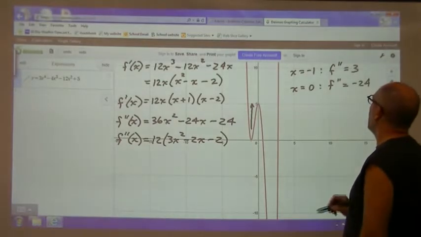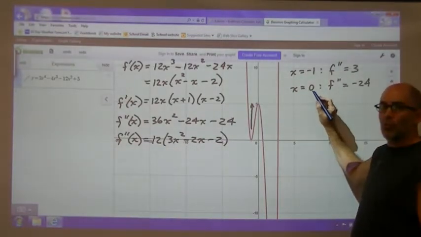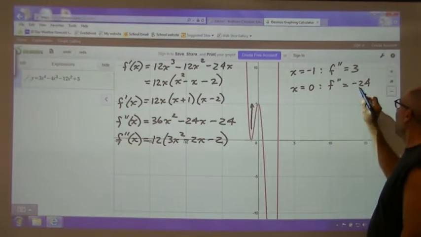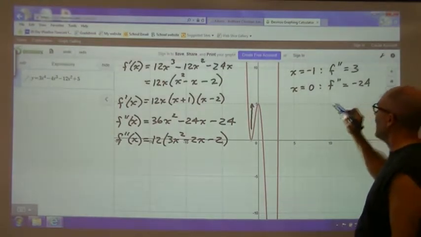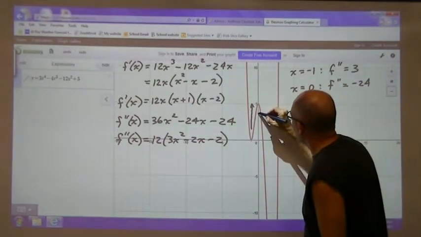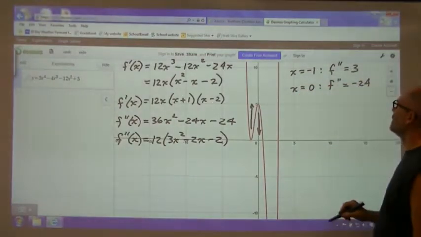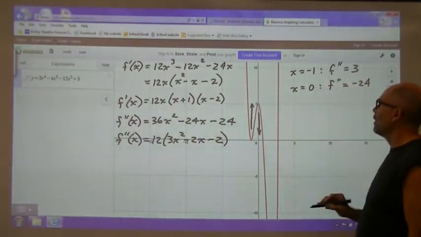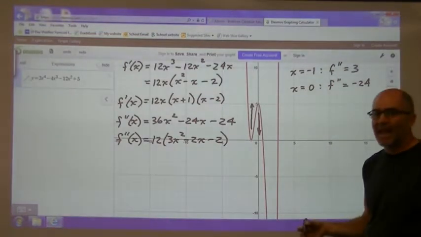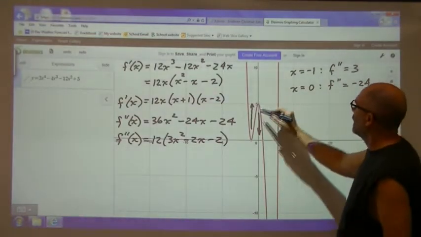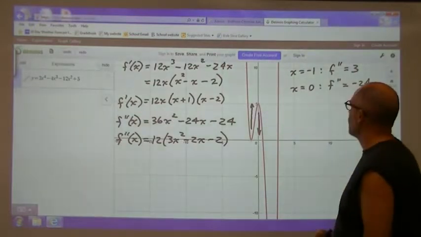What does that mean? That means we have a critical point here at x equals 0, and the second derivative is negative. That means it's concave down right there at x equals 0. That means at x equals 0 we have a relative max because concave down and a critical point.